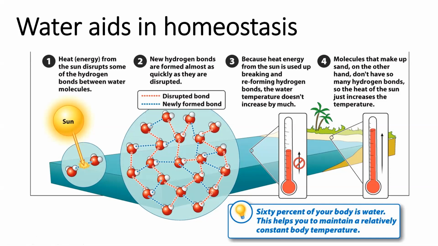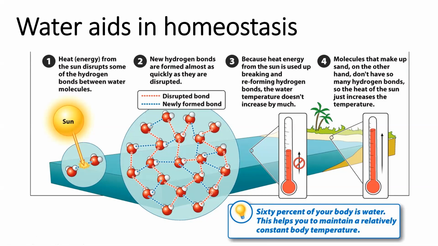Okay, there isn't a lot of hydrogen bonding in the sand, so therefore it gets really hot really quickly, and you all know that feeling, all right? Or walking on a hot sidewalk, especially here in Phoenix.